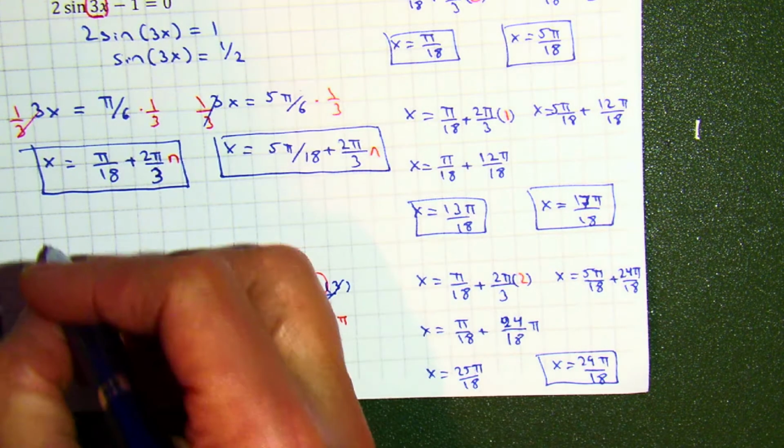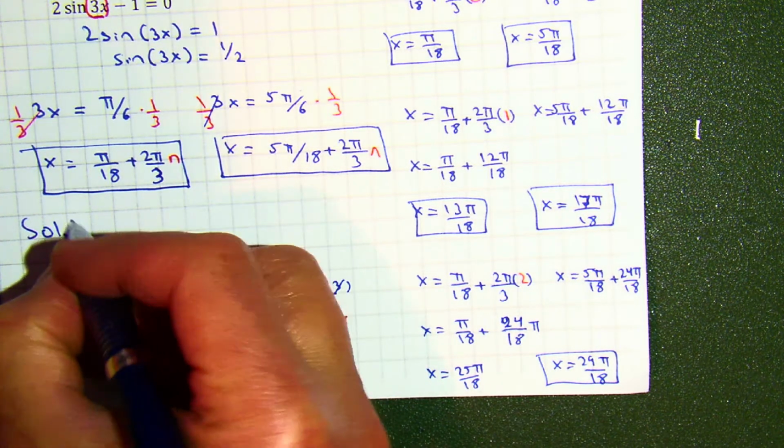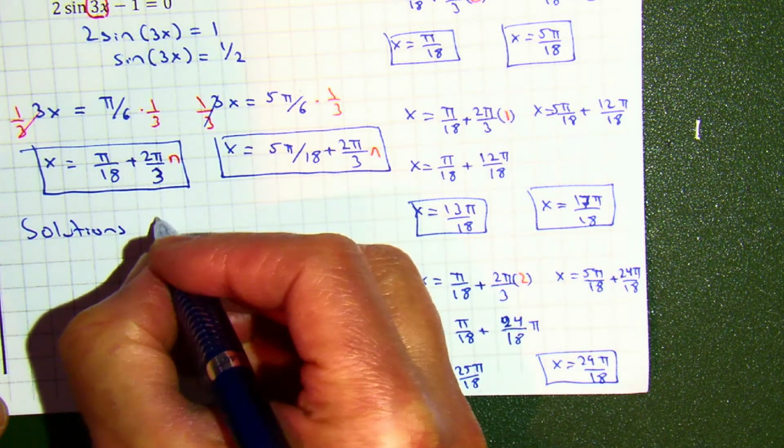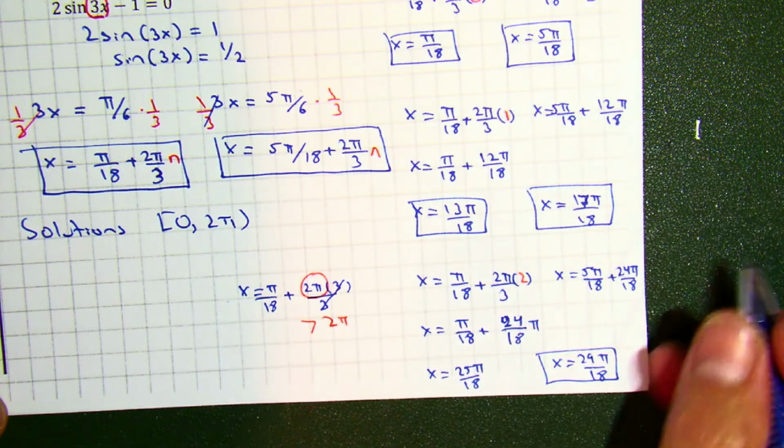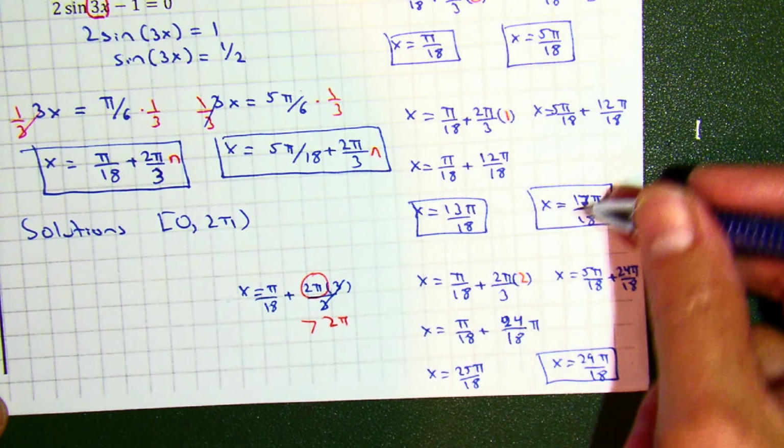So therefore my solutions between 0 and 2 pi are going to be, I'm going to place them in order, so I have 1, 2, 3, 4, 5, 6.